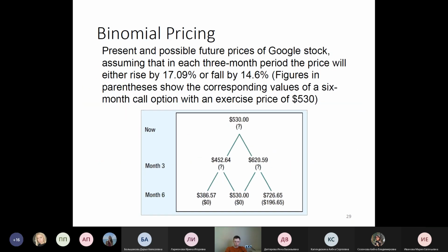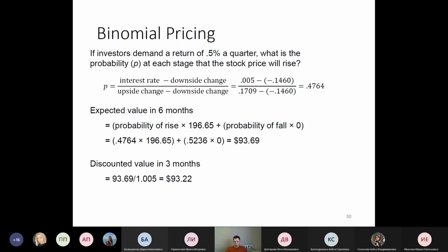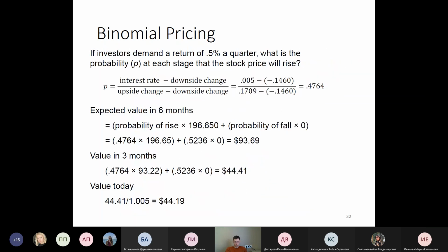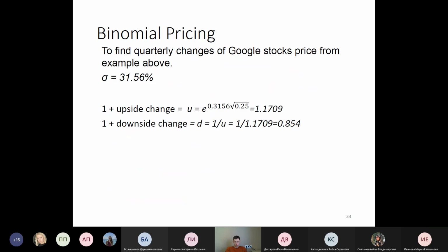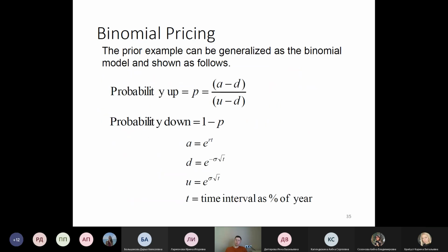Here we illustrate the binomial pricing model, where we estimate the potential change in price and the likelihood of those changes. There are formulas for this estimation that we present. We have them here, the formulas for the binomial pricing of the option.